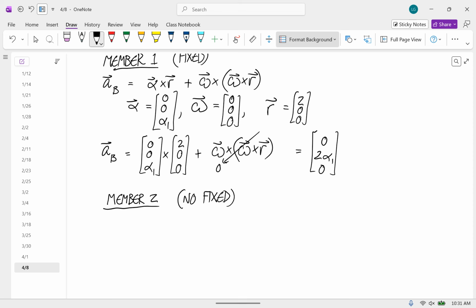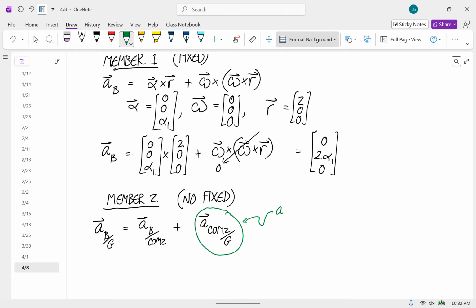So this, we're going to go acceleration of B relative to the ground is equal to the acceleration of B relative to the center of mass of 2 plus the acceleration of the center of mass of 2 relative to the ground. This is our A2 variable, and this is the watermelon equation.